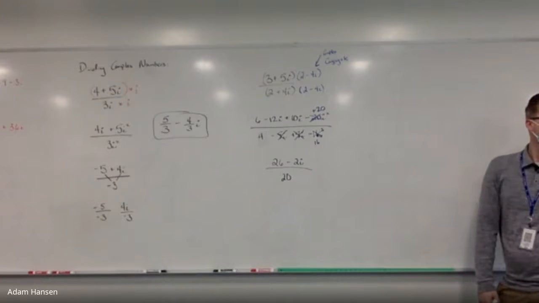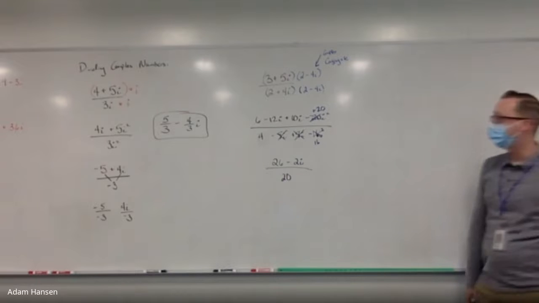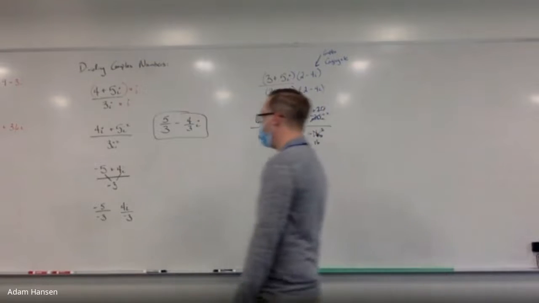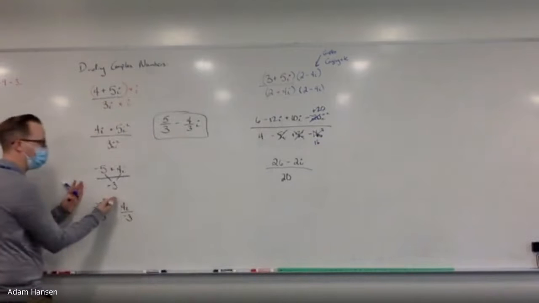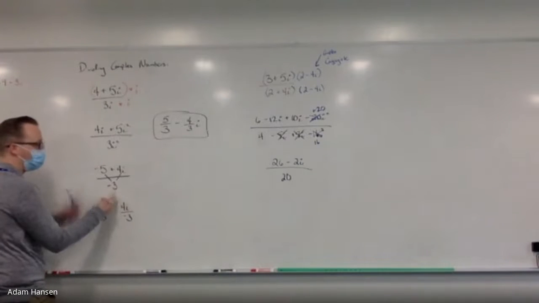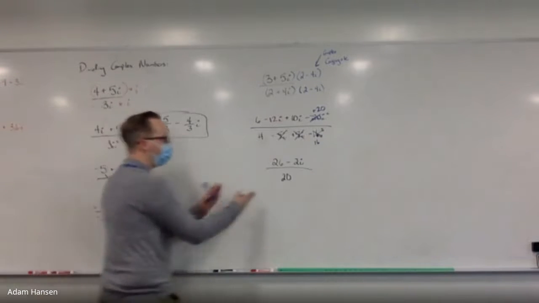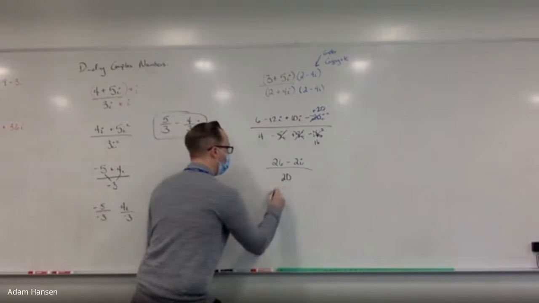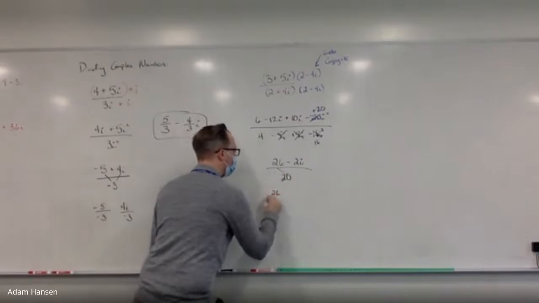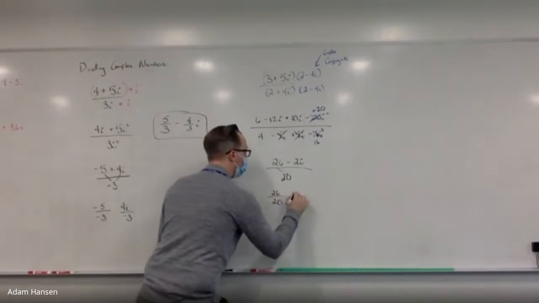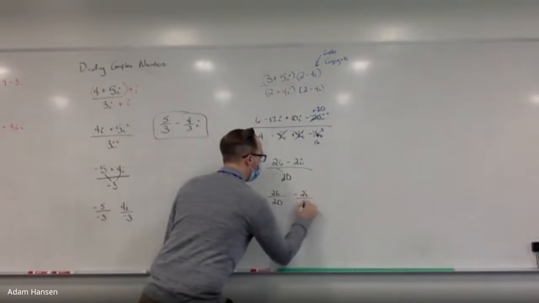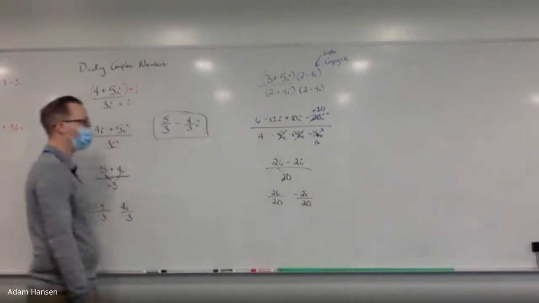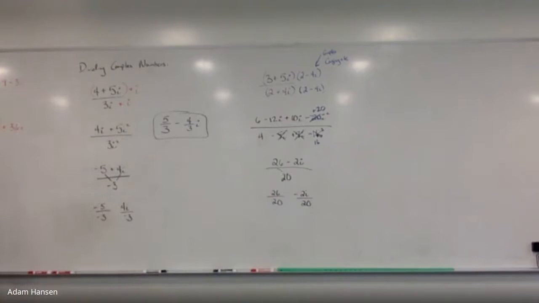Questions so far? What do we do next? What did we do over here next? Split it up, because everything needs to be divided by negative 3. Now over here I split it up, but everything needs to be divided by 20. So let's do 26/20 and negative 2i over 20. Can I reduce any of those fractions?